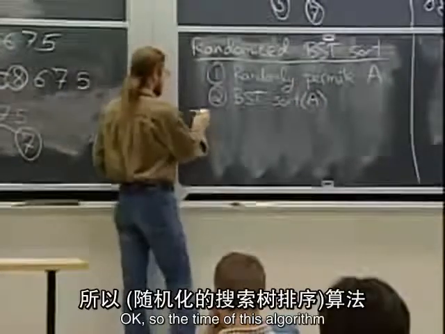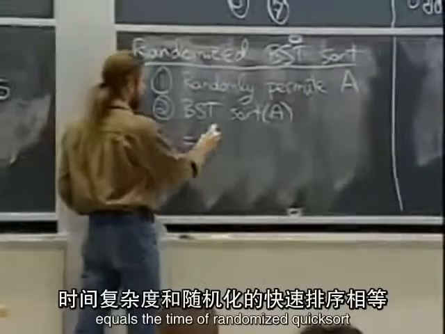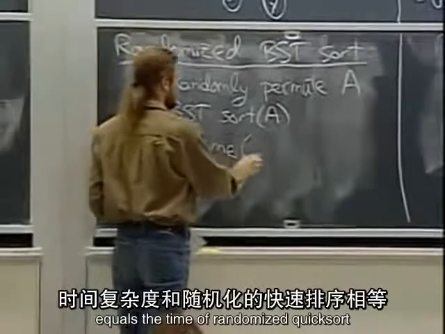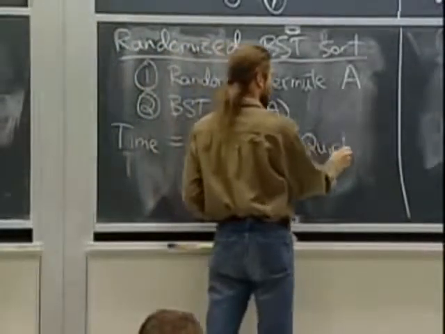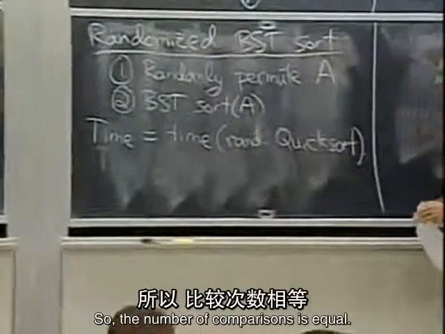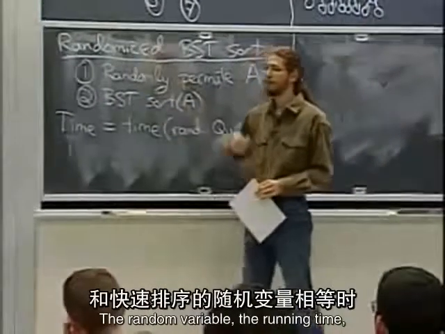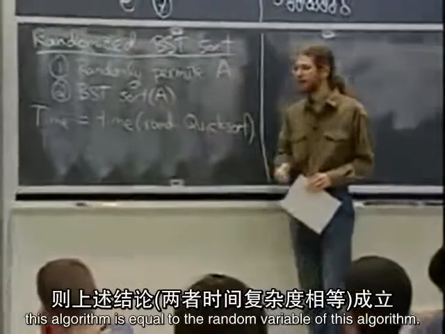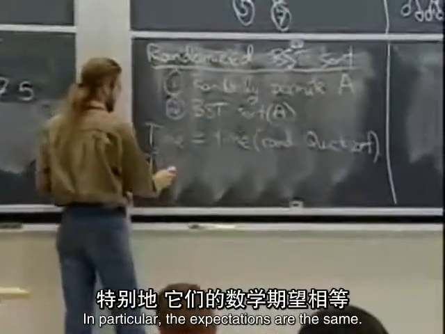So the time of this algorithm equals the time of randomized quicksort, because we're making the same comparisons, so the number of comparisons is equal. And this is true as random variables. The running time of this algorithm is equal as a random variable to the running time of that algorithm. In particular, the expectations are the same.